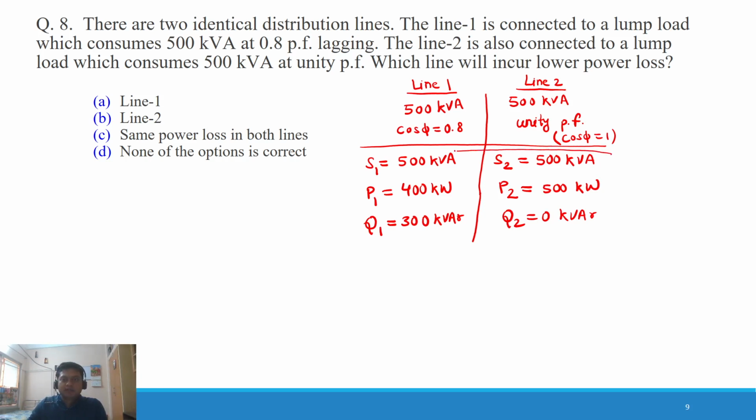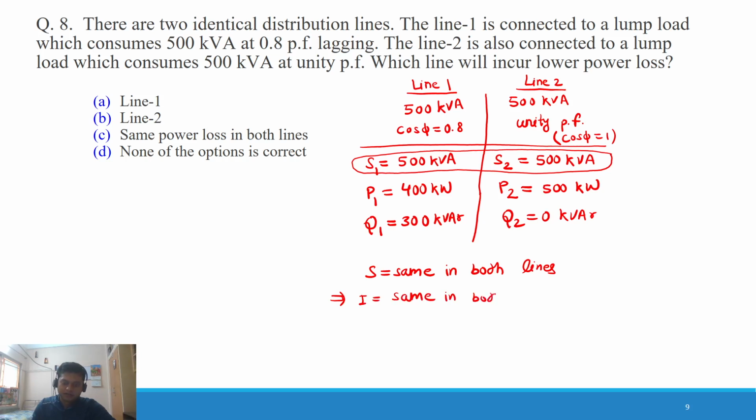We can see this apparent power is the same in both lines, and if this is the same, then the current flowing through both distribution lines will be the same. And in the question it is asked about power loss.